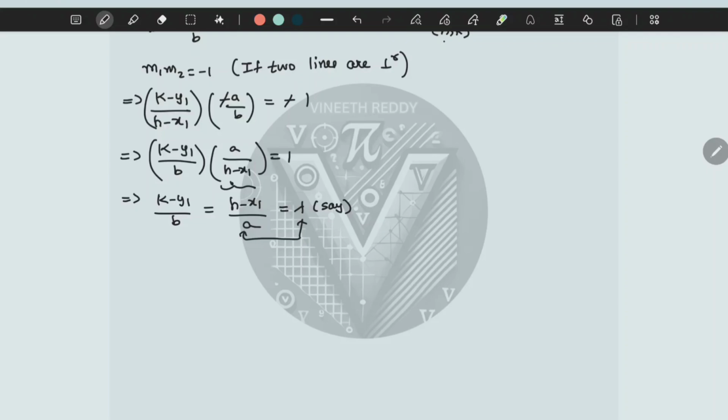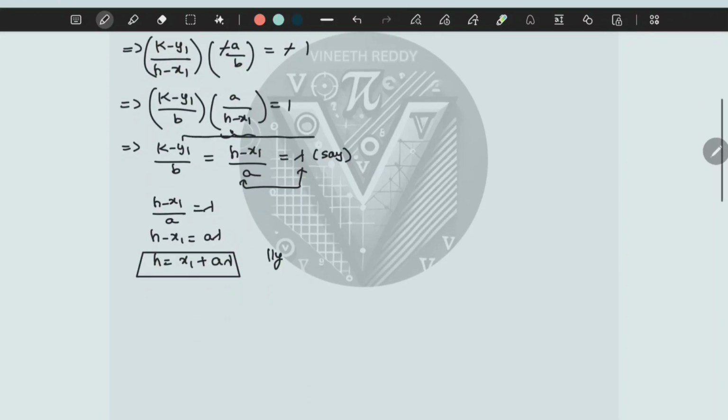Now if I equate, we can say (h - x1)/a = lambda, so h - x1 = a lambda, h = x1 + a lambda. So this is one quantity. Similarly, if I equate the other, we get k = y1 + b lambda. I hope you understood this.